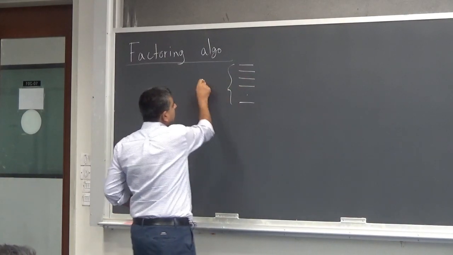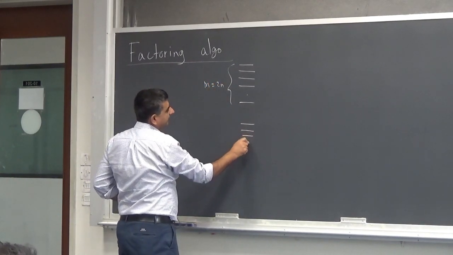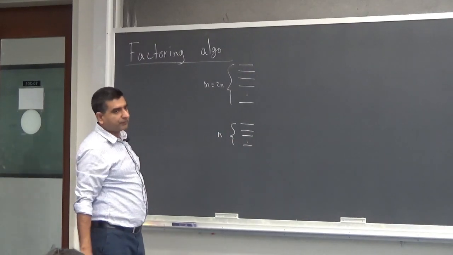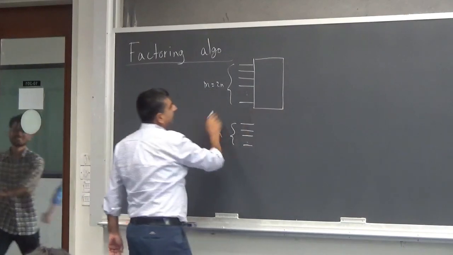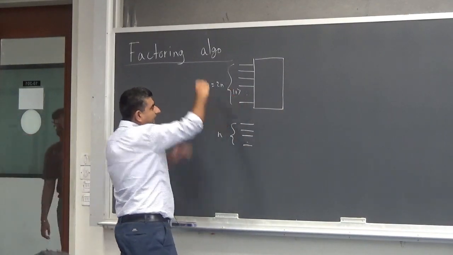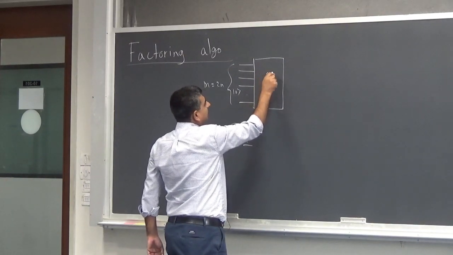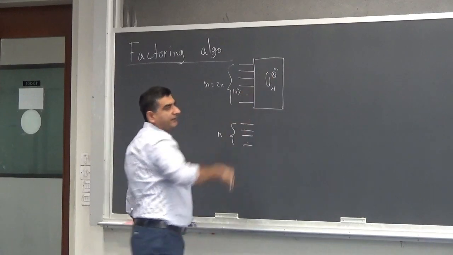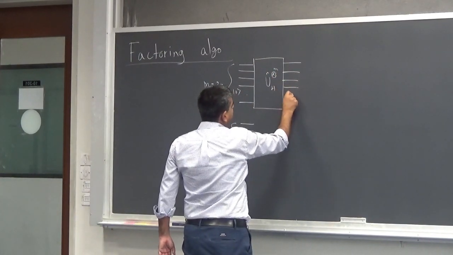One is an m qubit register and the other is an n qubit register, and m is twice of n. The first register started off in a ket 0 state, and we had a Hadamard gate act on all of these qubits, so we created an equal superposition of all states over here.